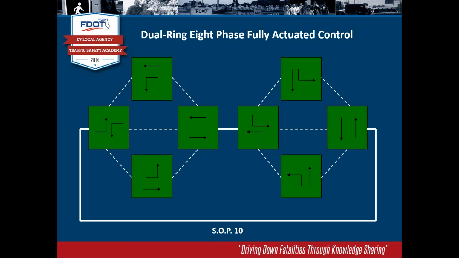The thing that's on the screen now is called SOP10, a much more complicated scenario for signal operation, but you see a lot of major intersections operating like this. At the major intersections, you'll see the left turns come up first, and then if one direction has more left turn demand than the other, it may go into one of these phases called the overlap phase.